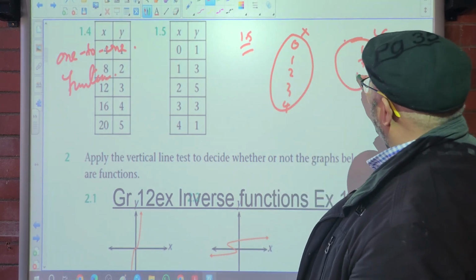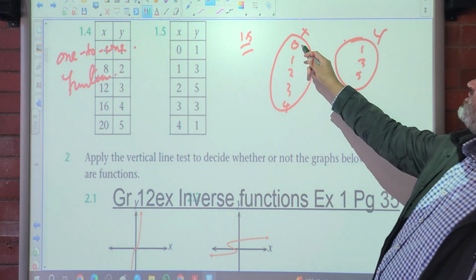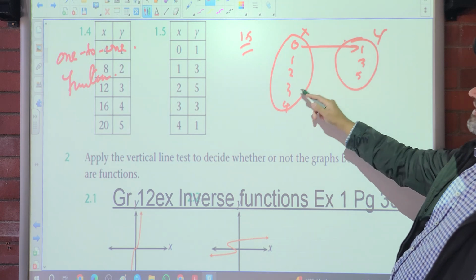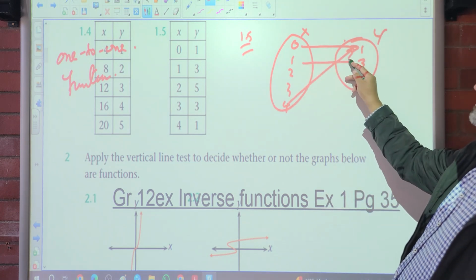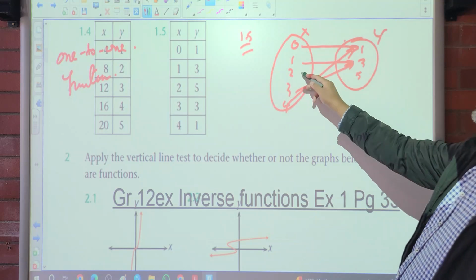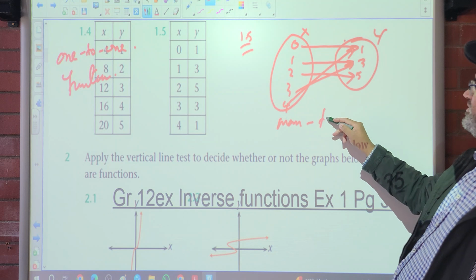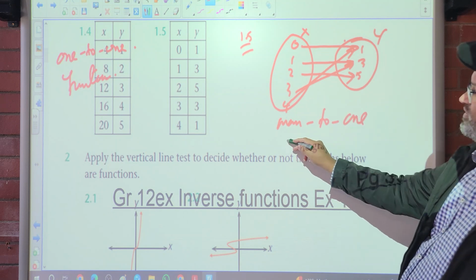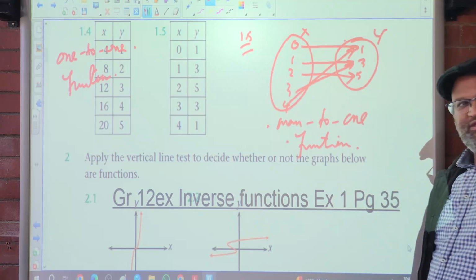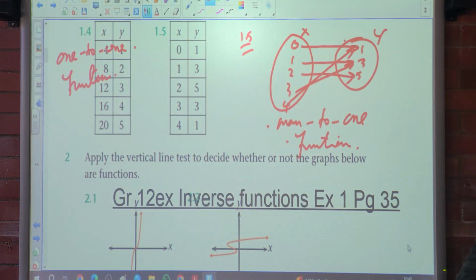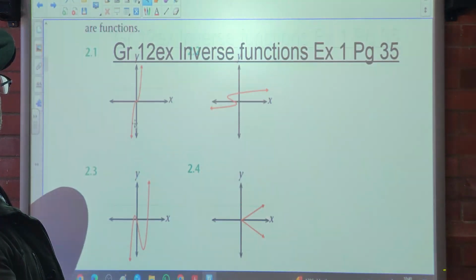So 0 is with 1 and 4 is with 1. 1 is with 3 and 3 is with 3, and 2 is with 5. So this is a many to one. Function or not a function? Function. Many to one function. Okay. It's fairly simple. Let's go to number 2.